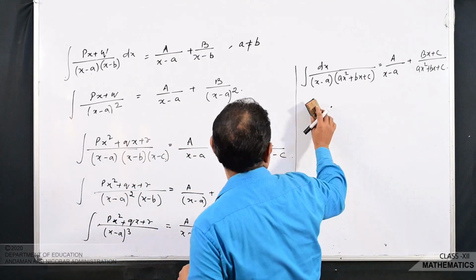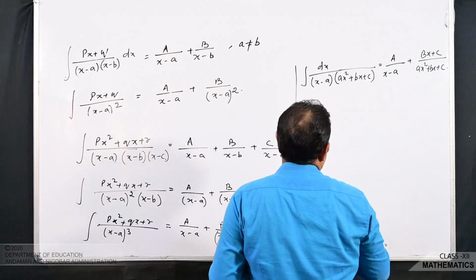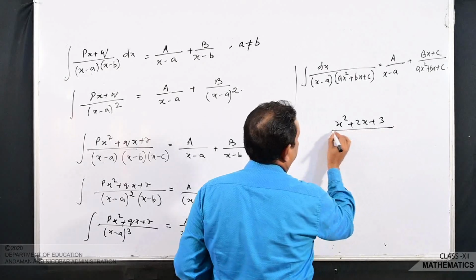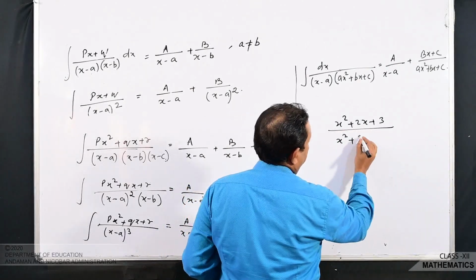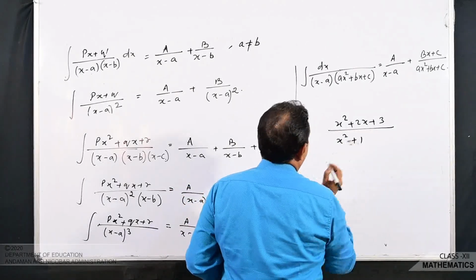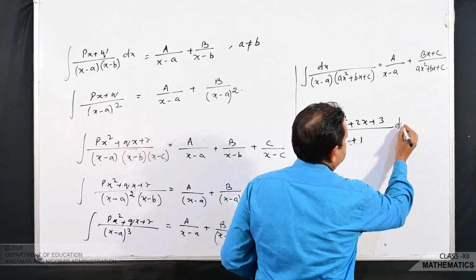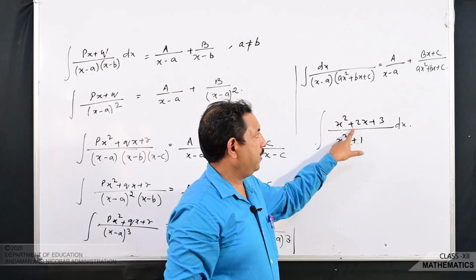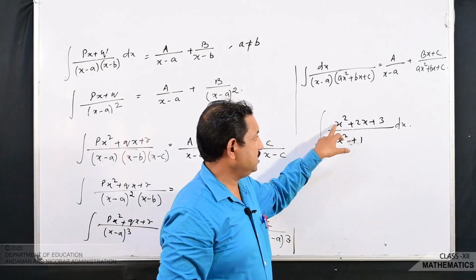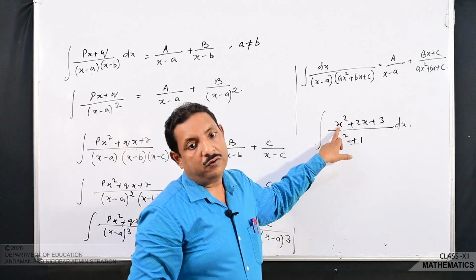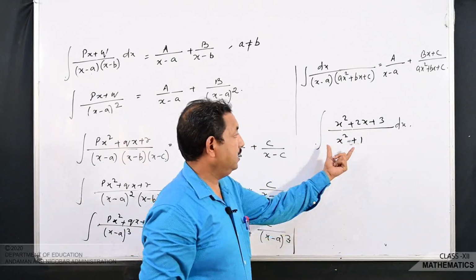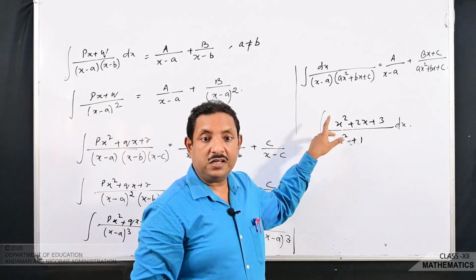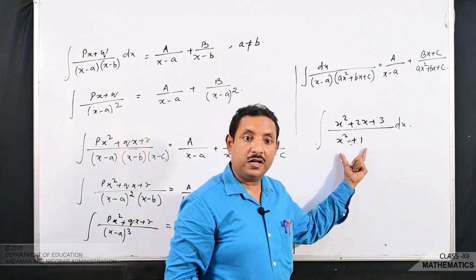Look here, sometimes the integration of x square plus 2x plus 3 by x square plus 1 arises. Now look here, you have x square plus 2x plus 3. That means in the numerator you have a quadratic form, as well as in the denominator. The degree in the numerator is 2, as well as the degree in the denominator is 2.